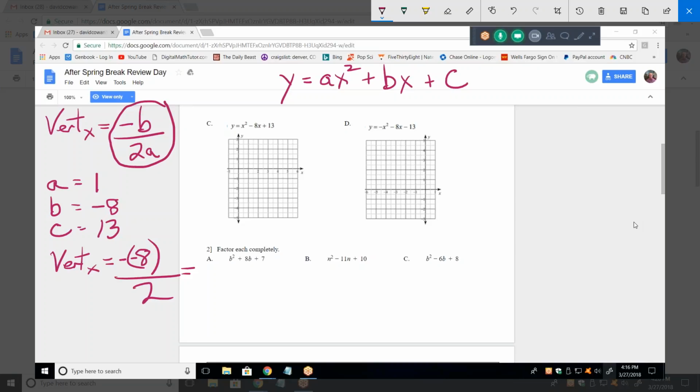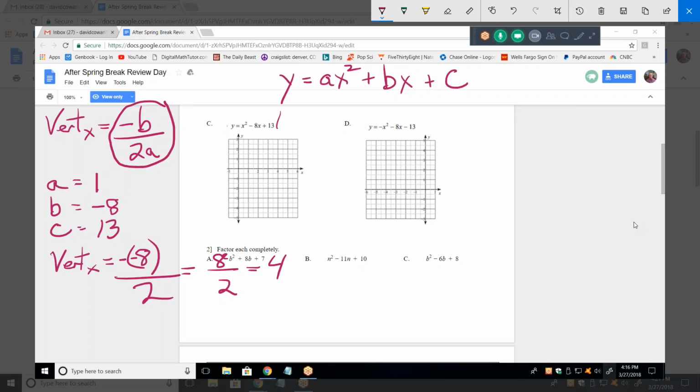Negative 4? Nope, these two negatives become a positive. So this is the same as 8 over 2, which is 4. So that tells me the x coordinate of the vertex.